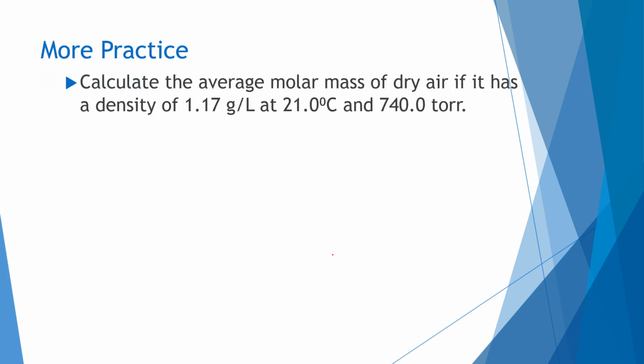And our last problem is: calculate the average molar mass of dry air if it has a density of 1.17 grams per liter at 21 degrees Celsius at 740 torr. Again, same equation, but we have to make sure everything is in our correct values. So here, to get our Celsius into Kelvin, still add 273.15 to get 294.15.